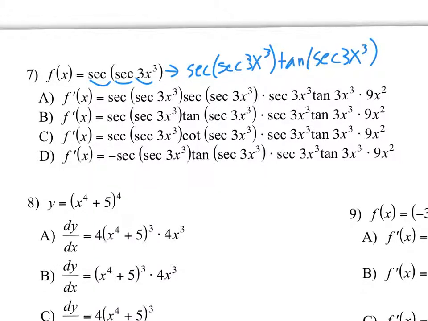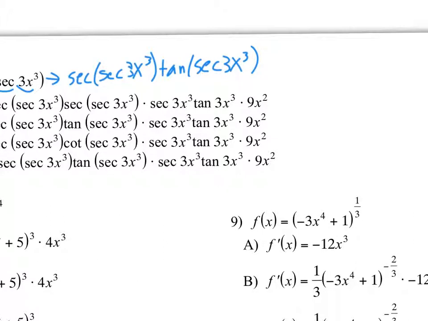That's my first layer. That's times the derivative of secant of 3x to the third, which is secant of 3x to the third times tangent of 3x to the third times the derivative of 3x to the third, which is going to be 9x squared.